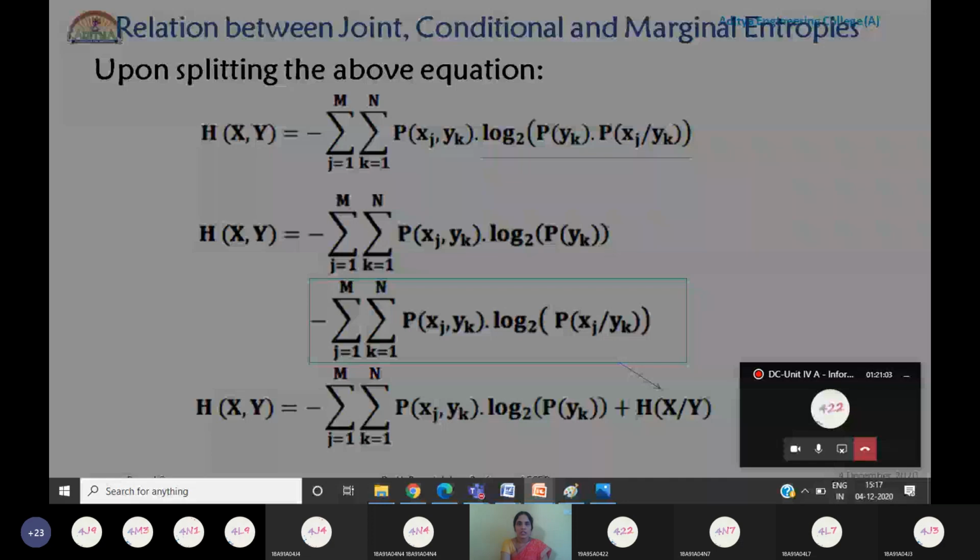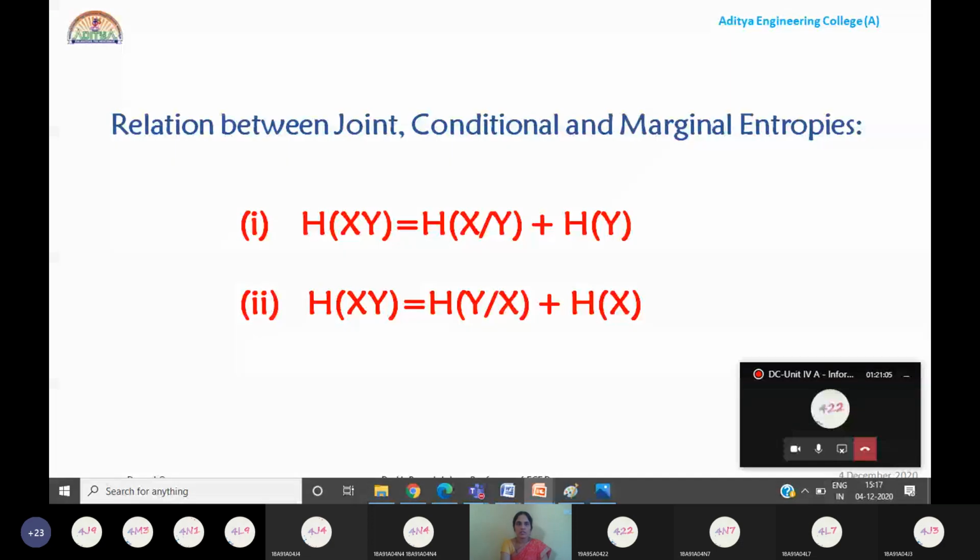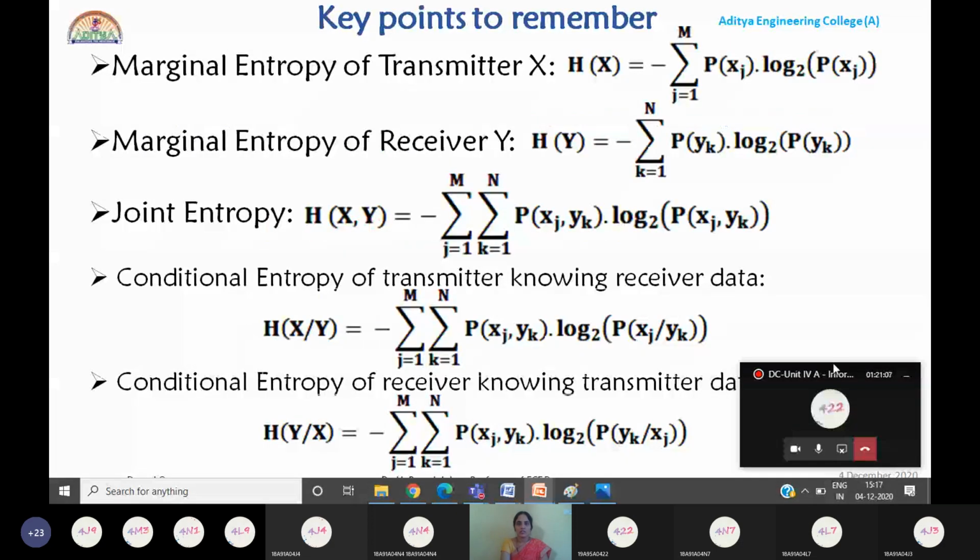For marginal entropy of receiver H of y is equal to minus summation k is equal to 1 to n p of y of k into log 2 p of y of k, madam.